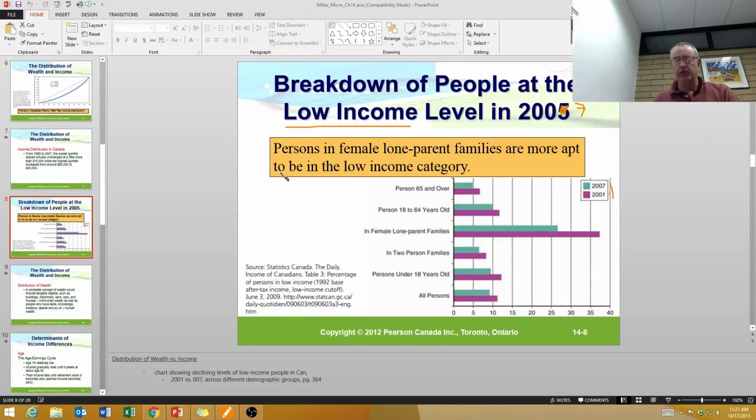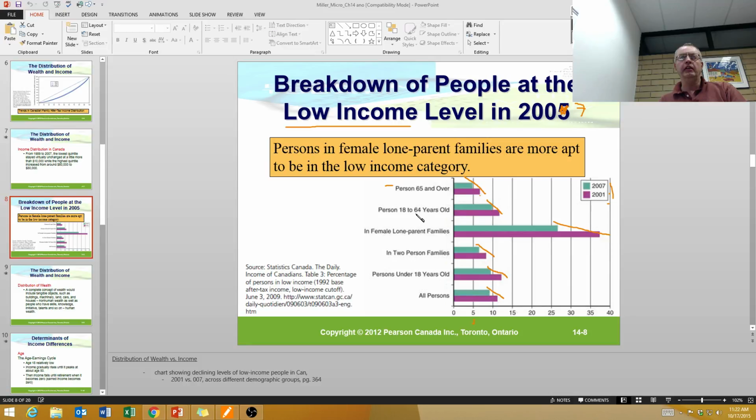We'll come to LICO groups in a bit here, but it's low-income groups, and there were fewer people in the low-income groups in all these different demographic sectors of Canadian society in 2007 versus 2001. So in 2007, about 5% of people aged 65 and over were low income, but in 2001 it was probably about 7%.